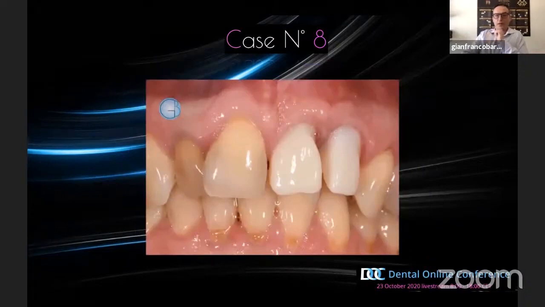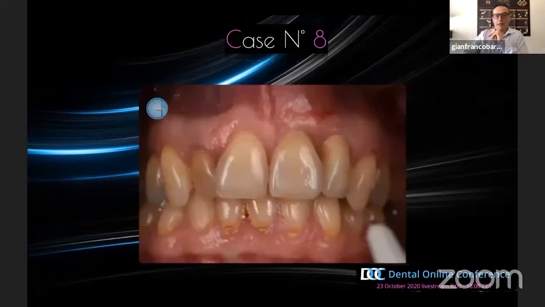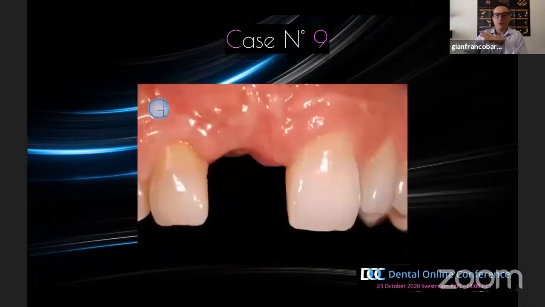We are going to try it in the mouth, and then after layering we are going to finish and cement directly, cement the crown and screw the abutment.